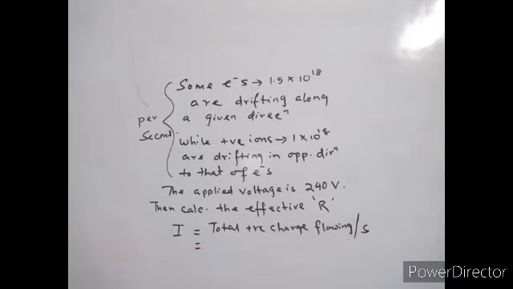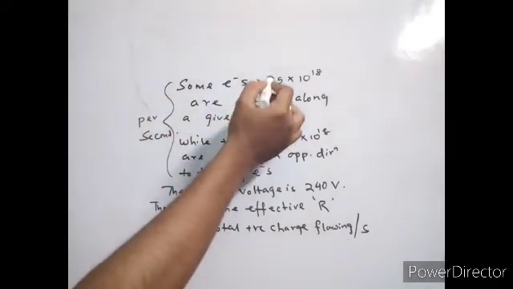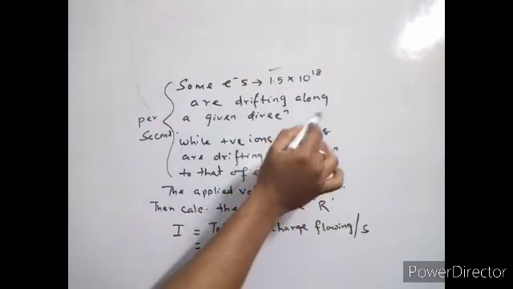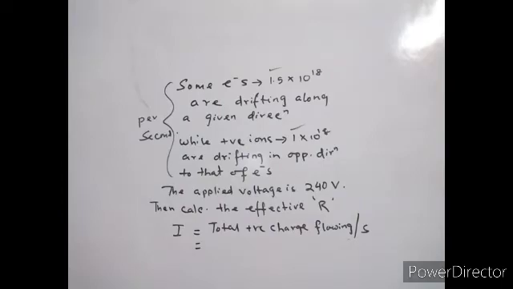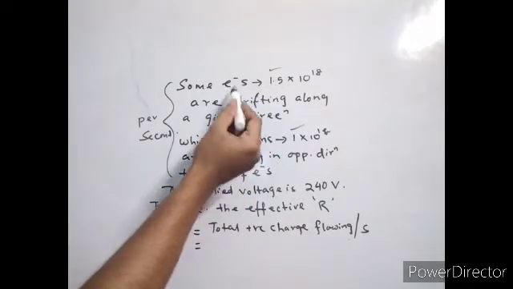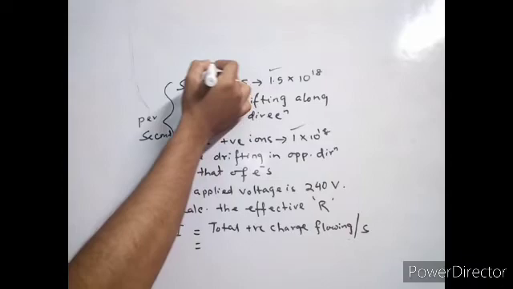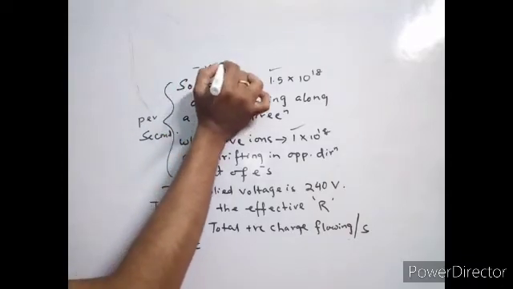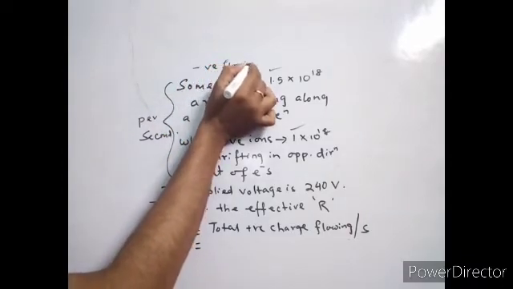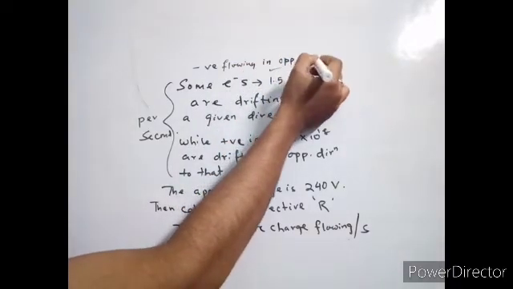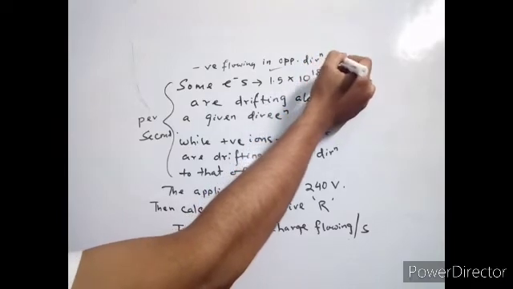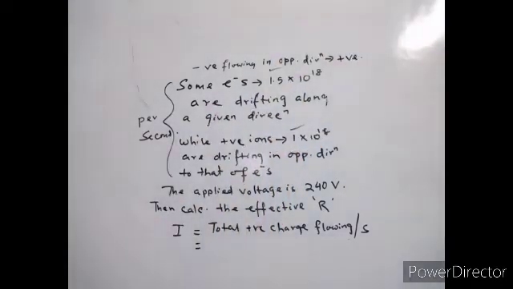Now the total positive charge is to be obtained from the data that has been given: 1.5 is the number of electrons and 1 is the number of positive ions, multiplied with 10 to the power 18, of course. The electrons are negative charge flowing in the backward direction, which is the same as positive charge flowing in the forward direction.